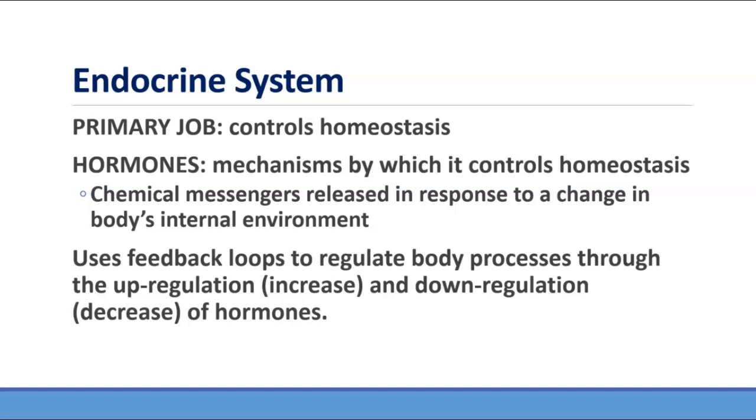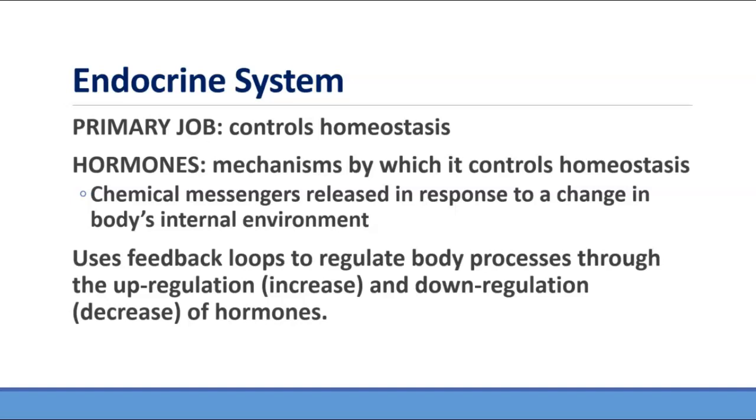Hormones are the chemicals or the mechanisms by which the endocrine system controls homeostasis. So if you'll remember, hormones are chemical messengers and they're released in response to a change somewhere in the body's internal environment. Okay, it's like a trigger system.